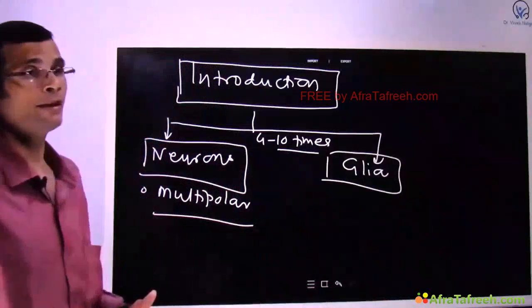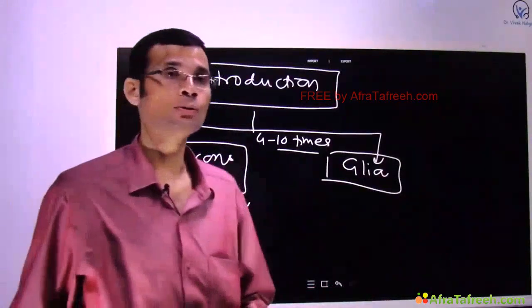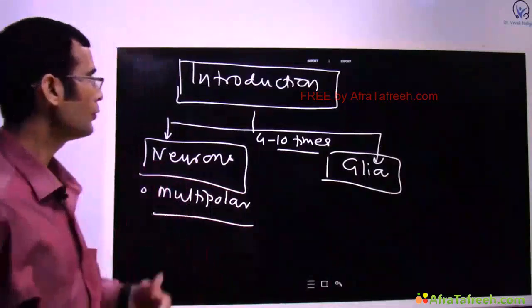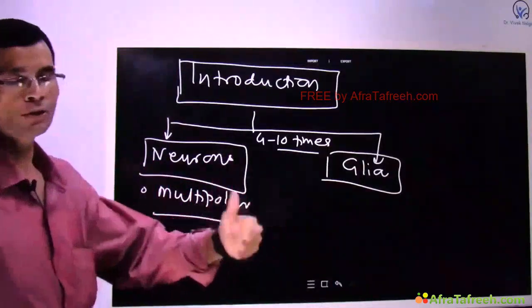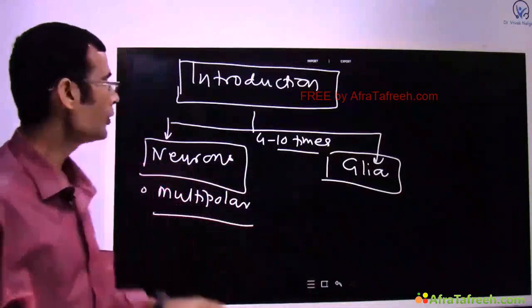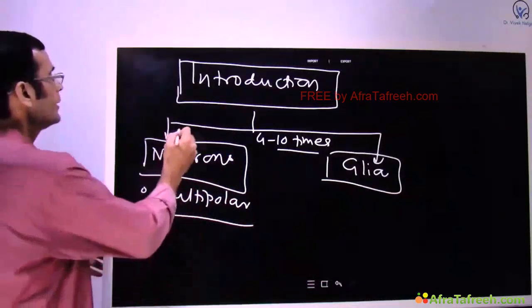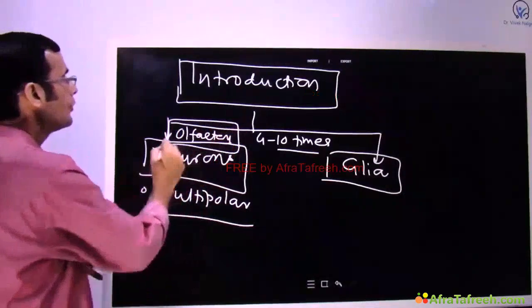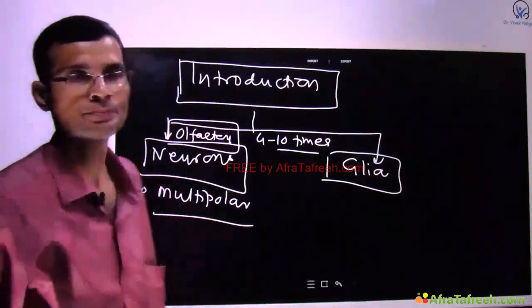Only synapses are formed. No new neurons. Neuron is a terminally differentiated tissue, so they do not divide and the number does not increase after birth. The only exception to this is the olfactory neurons. The olfactory neurons continue to divide throughout life.